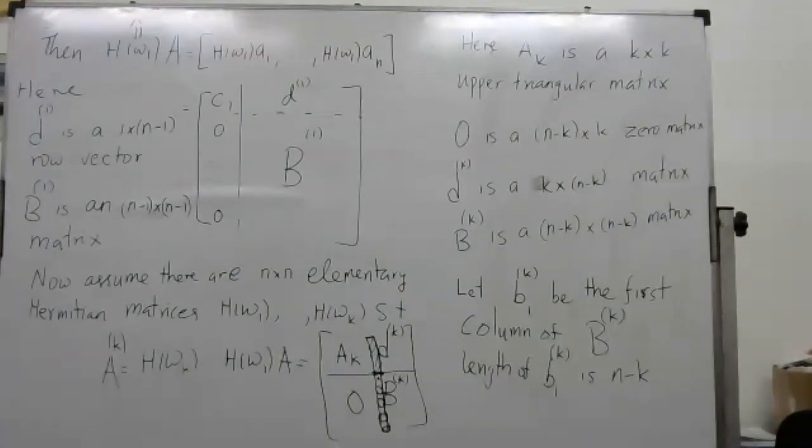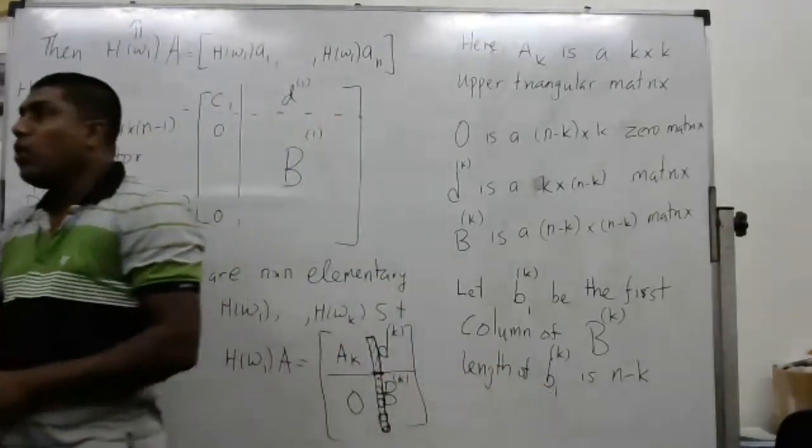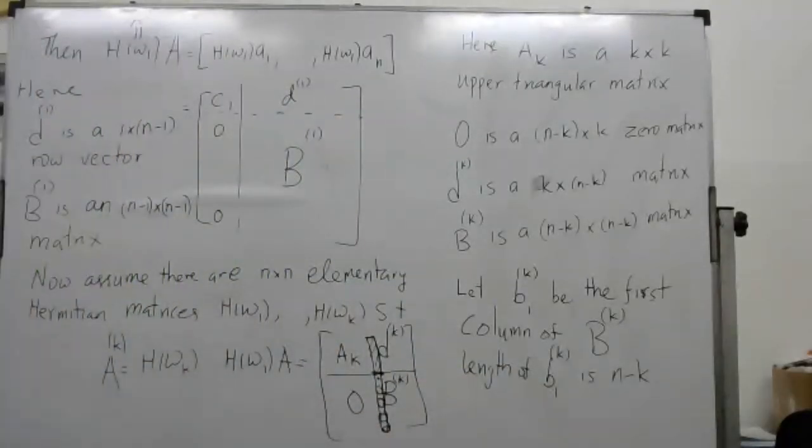So the matrix h omega k which you are going to get here is not the matrix we are looking for, because we want a Hermitian matrix of size n cross n. But if we handle this vector, we are going to get a matrix of size n minus k cross n minus k.